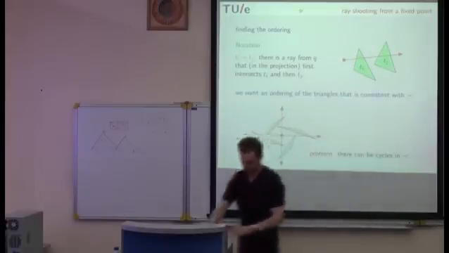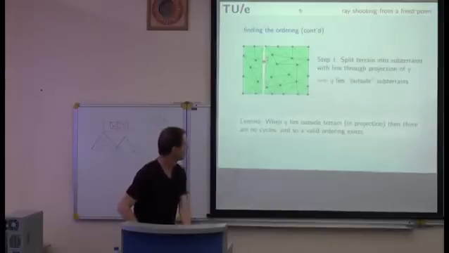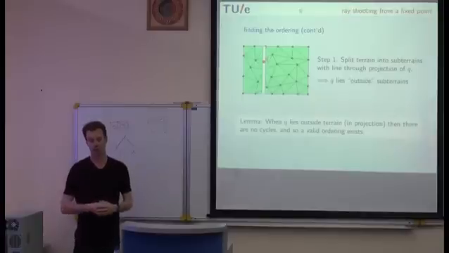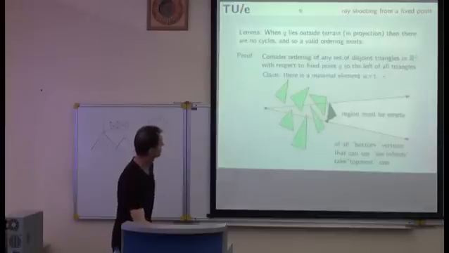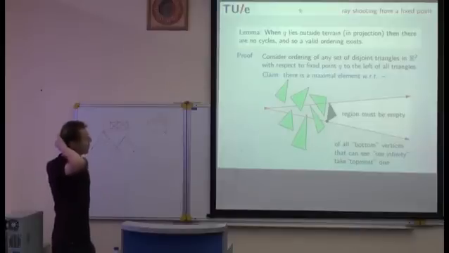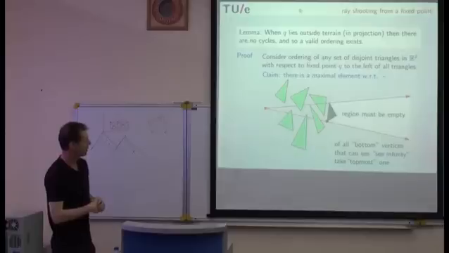And so my claim is that after doing this, there cannot be any cycles, and so I can find an ordering. So let's try to prove this. I claim that when Q is outside the terrain in the projection, outside the convex hull, then I always have an ordering.